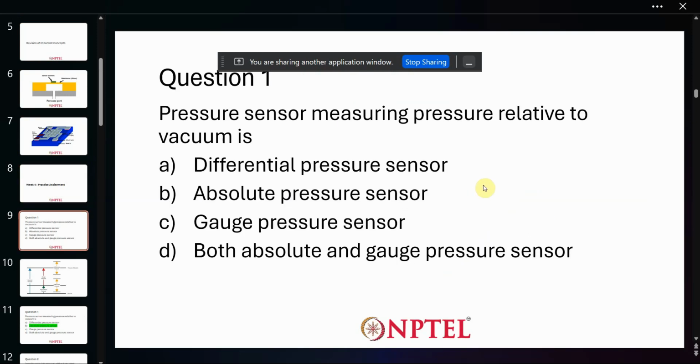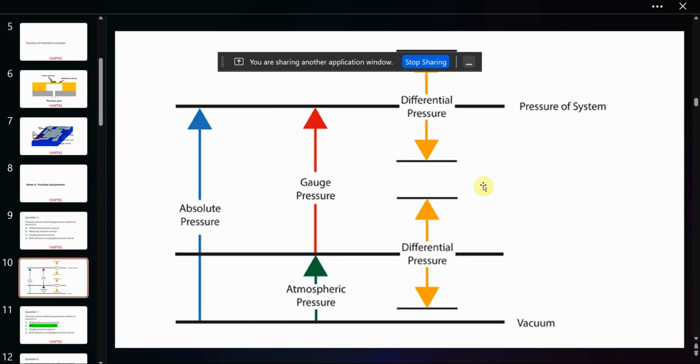In the first question, they're asking what the pressure sensor measures, whether relative to vacuum. Basically, it is whether it's a differential pressure sensor, absolute pressure sensor, or gauge pressure sensor. Anything measured with respect to vacuum is absolute pressure.